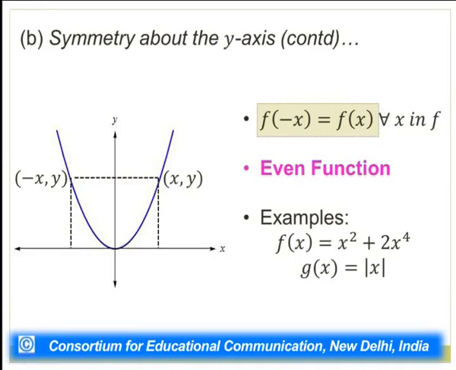So the equation remains unchanged if we replace x by minus x, and therefore we see that f(minus x) is equal to f(x). Similarly, you can try this as an exercise on your own. If you take the function g(x) equal to mod x, this is also an example of an even function.